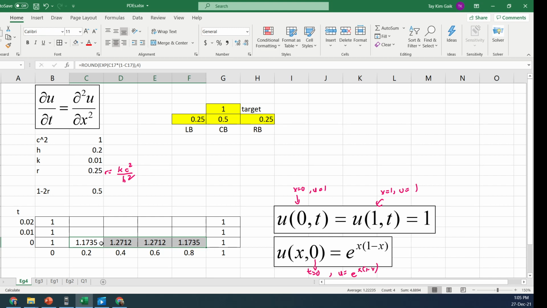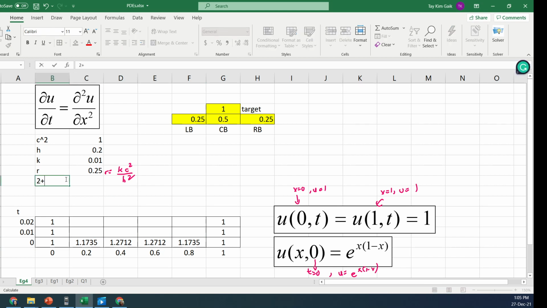Okay, and now using the same technique, here we need to find 2 plus 2r, 2 plus 2 times r here. So 2 minus 2 times r. So for the Crank-Nicolson implicit method, top here, this is negative r.